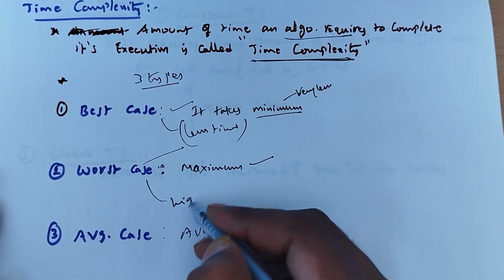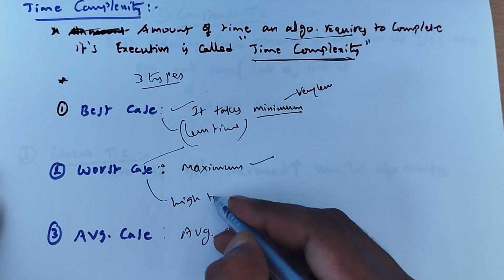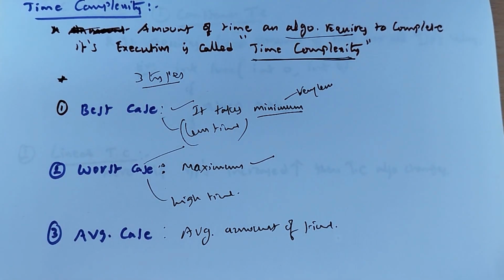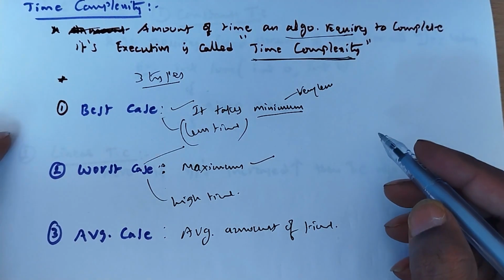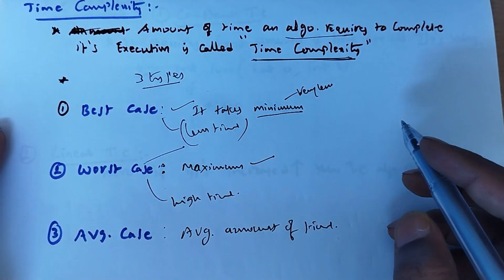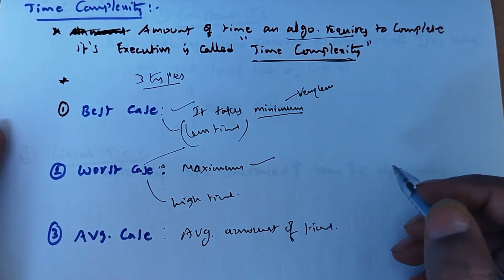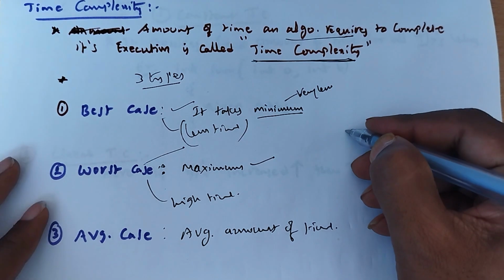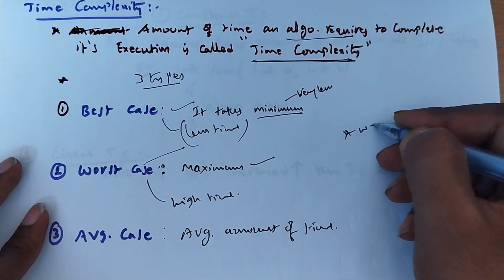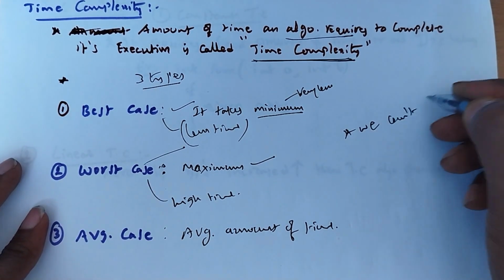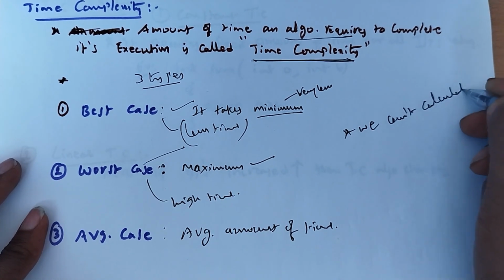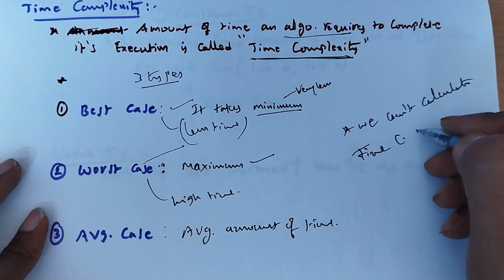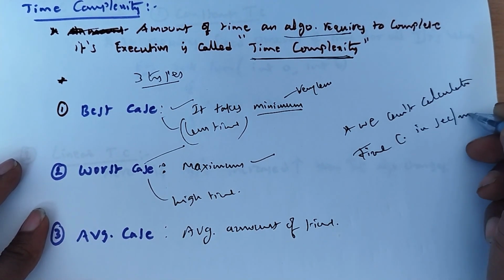Worst case means high time. Here, we can't calculate the time complexity in seconds or minutes.